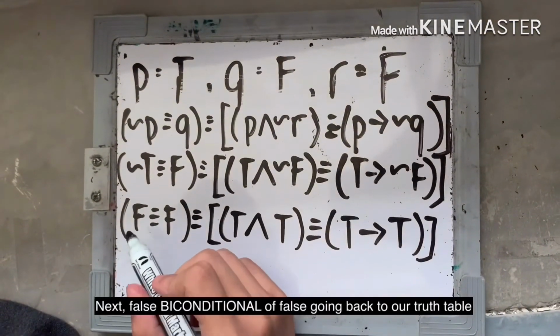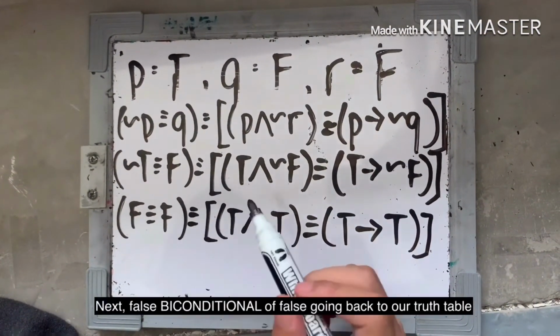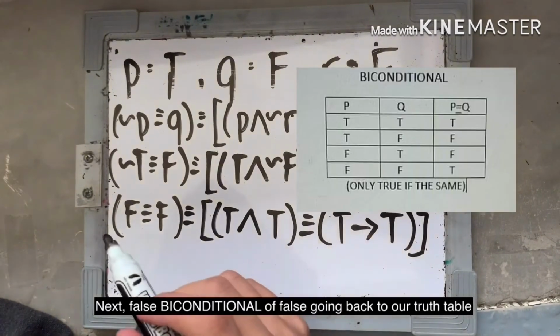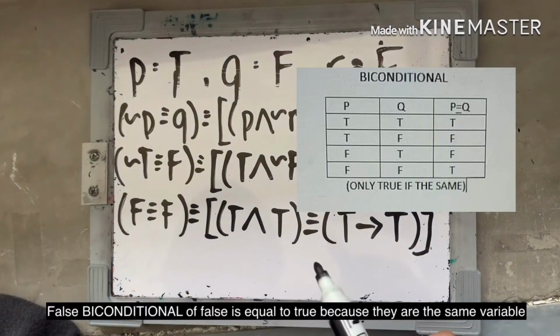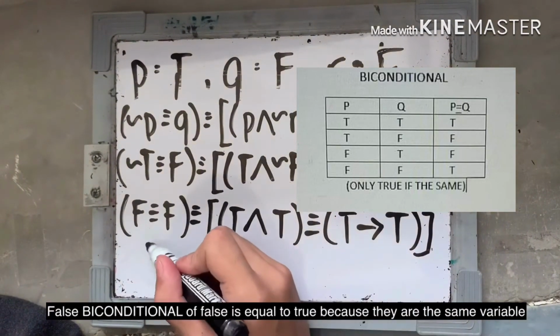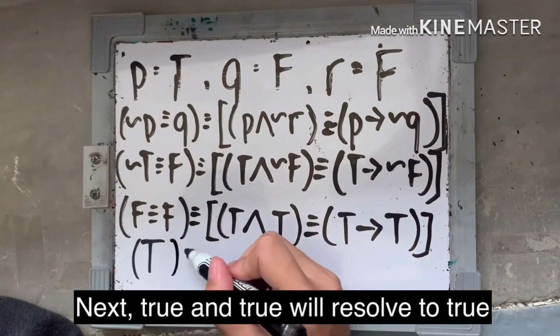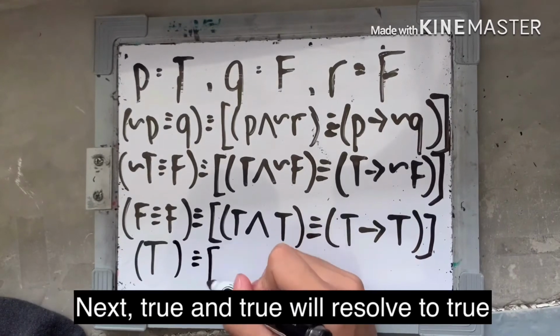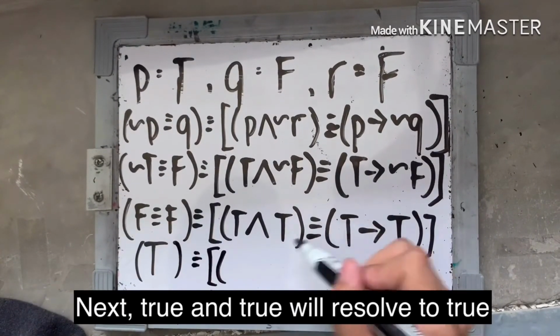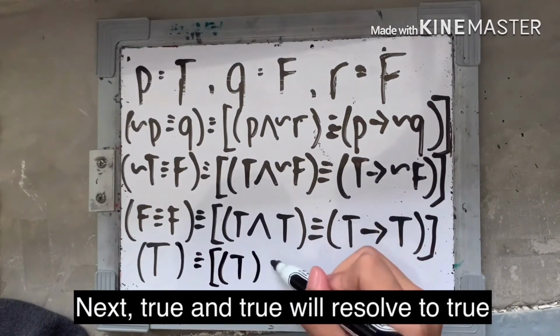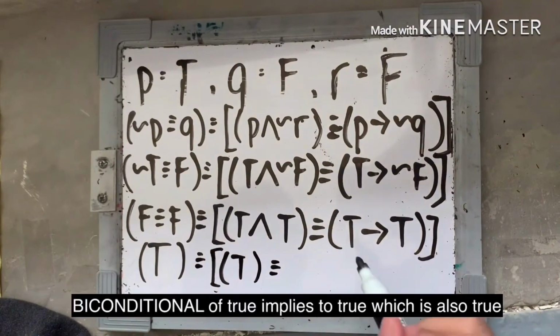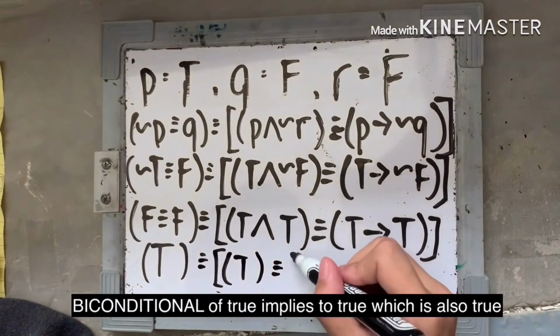Next, false biconditional of false. Going back to our truth tables, false biconditional of false is equal to true because they are the same variables. Next, true and true will result in true. Biconditional of true implies true, which is also true.